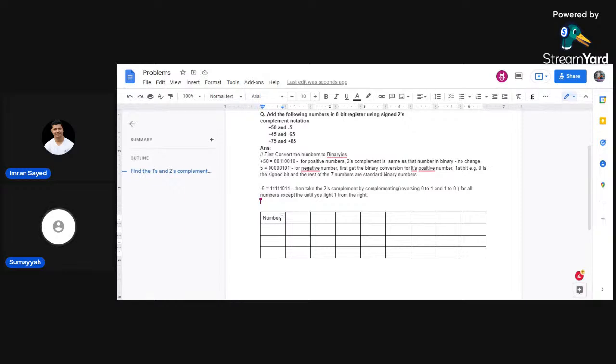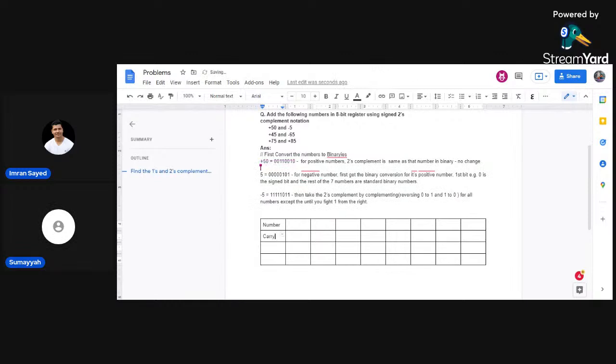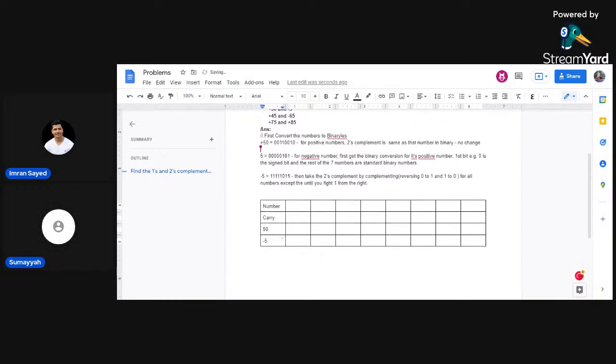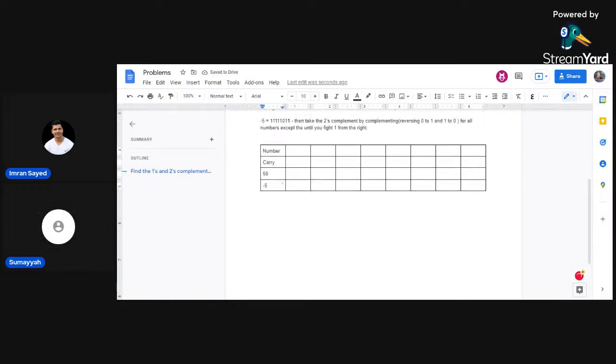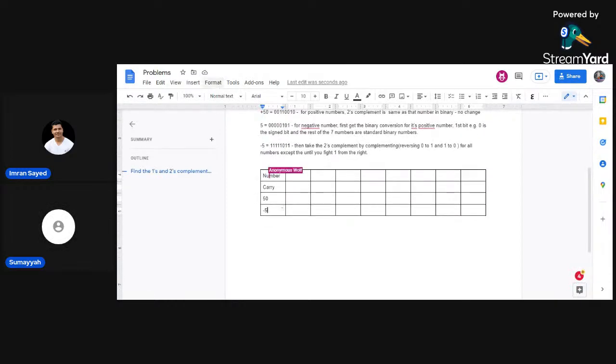So here I'll put the number in this column. Here carry. 50, -5. I should have one more row. Okay. And result here.